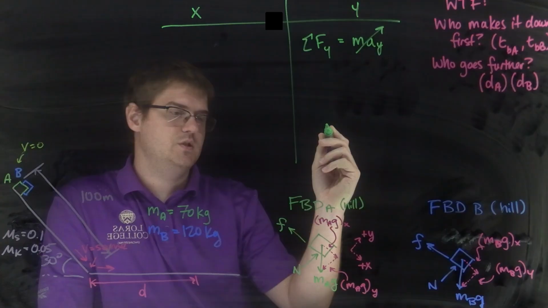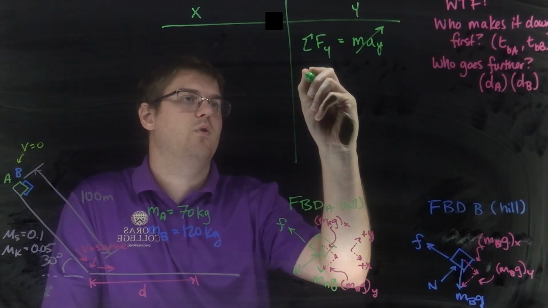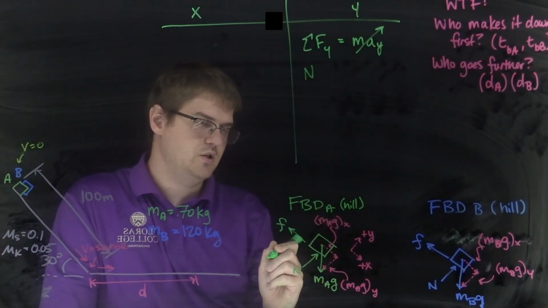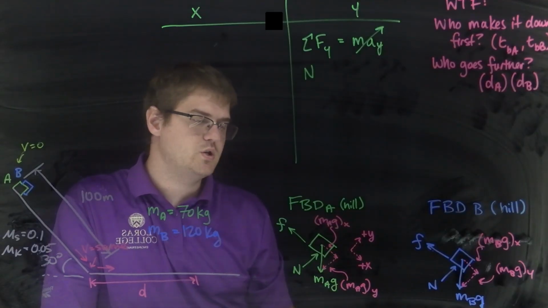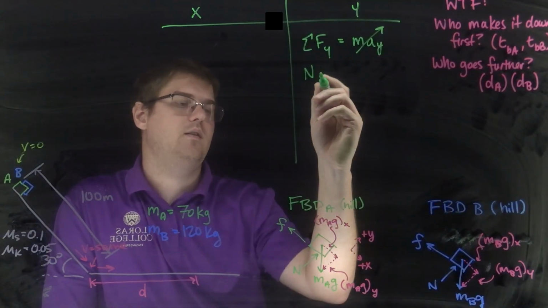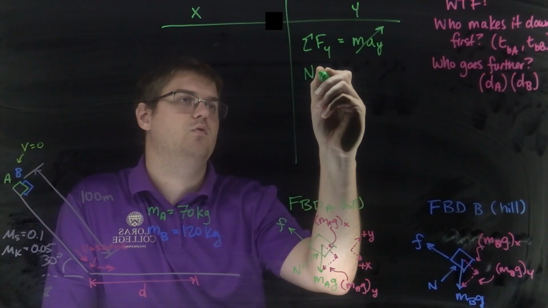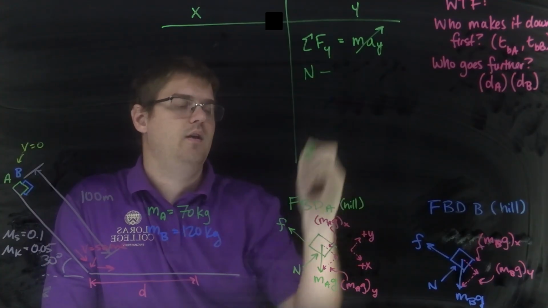So my sum of forces in the y, I have a normal force acting in the positive direction, and I have my portion of my weight that is pulling me towards the surface acting downwards.